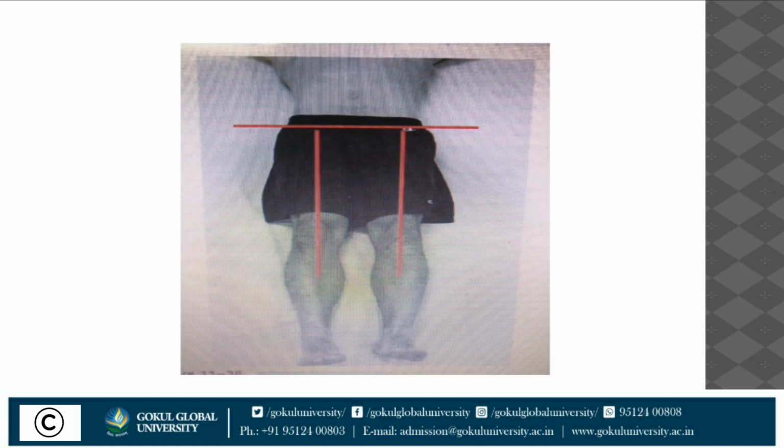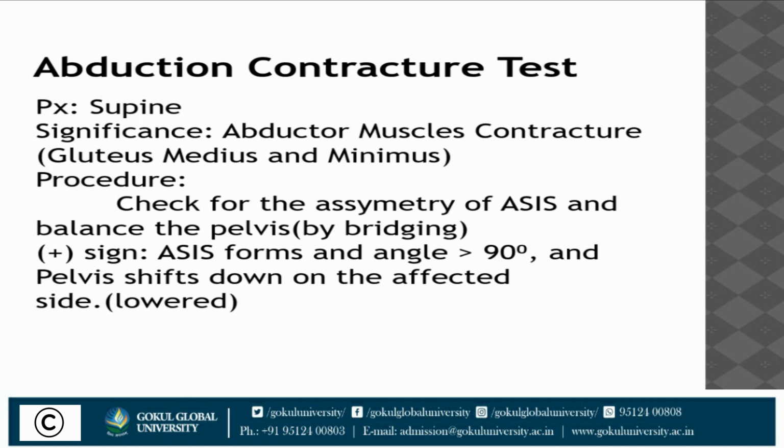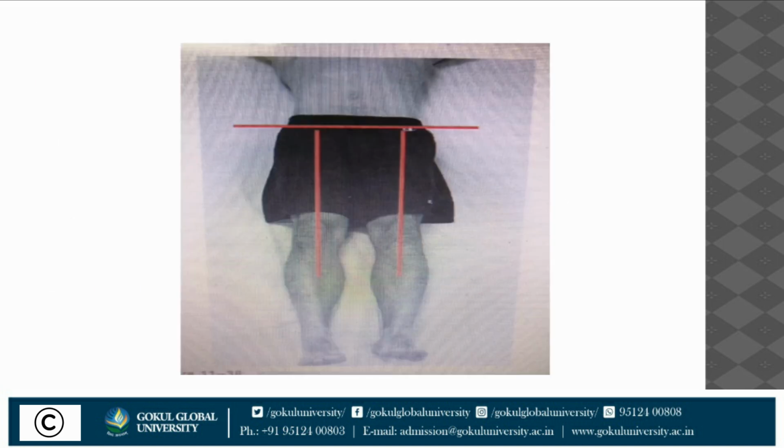If ASIS forms an angle more than 90 degree and pelvis shifts down on the affected side, okay, as we can see this is a normal patient, so both the ASIS are forming 90 degree angle with the leg. If it is more than 90 degree and pelvis shifts downward, that is, it is lowered on the affected side, that means abductor muscle contracture is present, or that means gluteus medius and minimus muscles are contracted. So that was abduction contracture test.